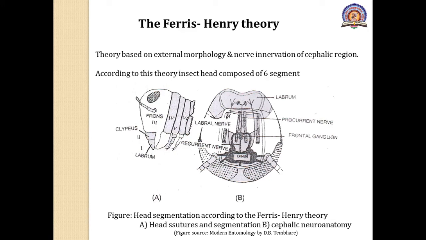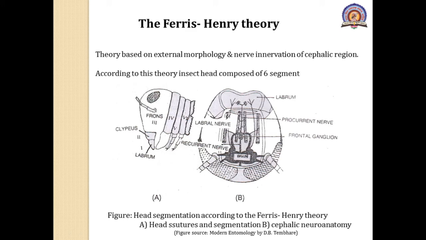So according to Ferris, the head is composed of 6 segments. These segments are externally demarcated by transverse sutures. So here you can see these are the transverse sutures which are present in the head. Their assumption is that sutures show a clear-cut demarcation between the segments of which the insect head is composed.